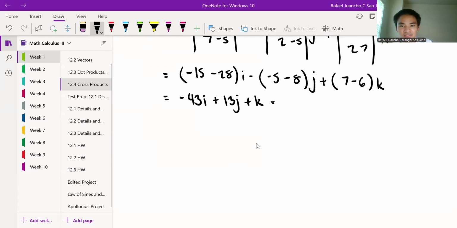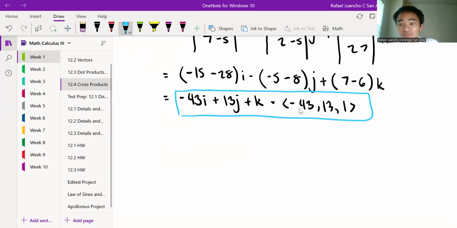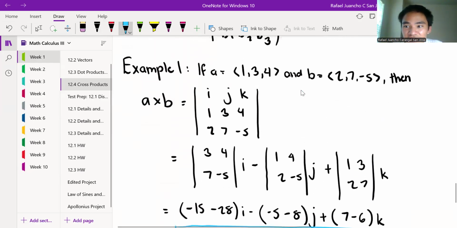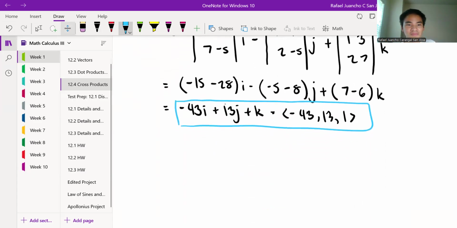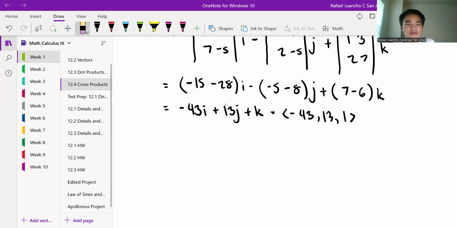7 minus 6 is 1. This is actually just some vector. Negative 43. Oh, shoot. Negative 43, 13, 1. That's just a vector. So surprise, surprise. If we get the cross product, we get a vector, whilst with a dot product, we get a scalar.